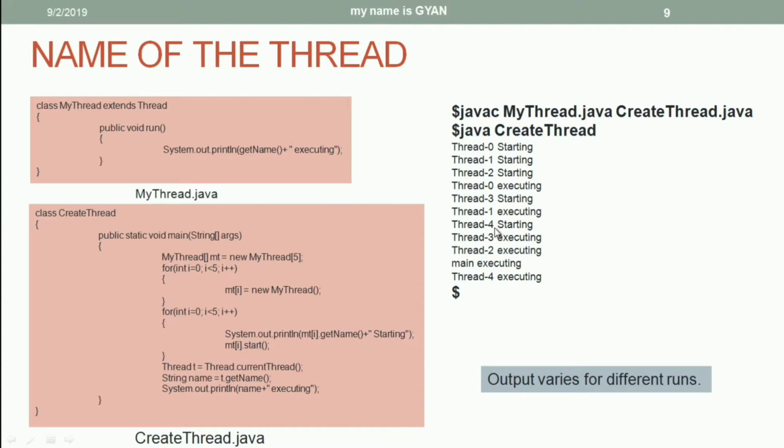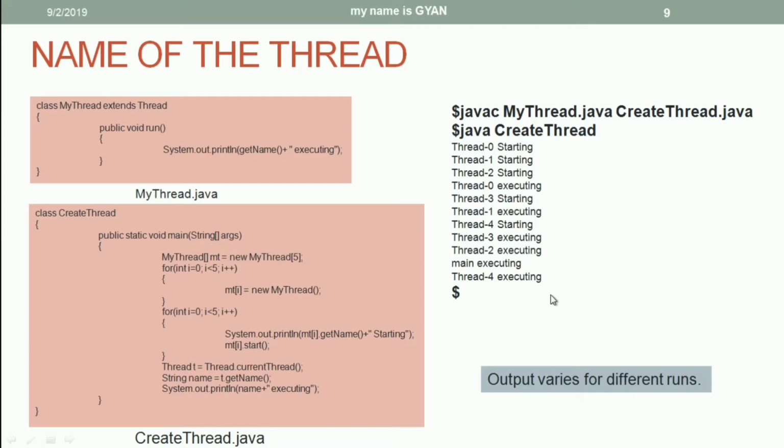After that, the thread main again got a chance on the CPU, and it started thread 4. Then the thread main got preempted from the CPU once again. After that, thread 3 got a chance on the CPU to execute, thread 2 got a chance to execute, and thread main again got a chance to execute. The thread main here got preempted once again, and thread 4 got a chance on the CPU for execution. And this is the one case.